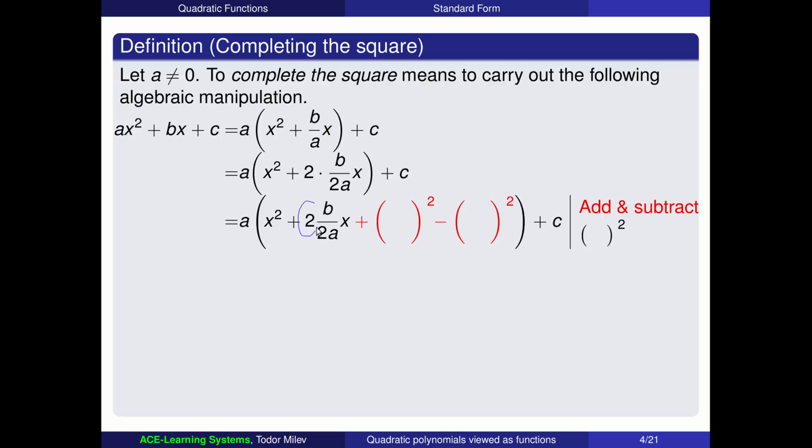Take the number 2, take the number x, and whatever is left between the two of them, that's the number that we have to use. So the number in this case would be b over 2a. So the same number that we see here, that's the number we have to square, and that's the number that we have to add and subtract.